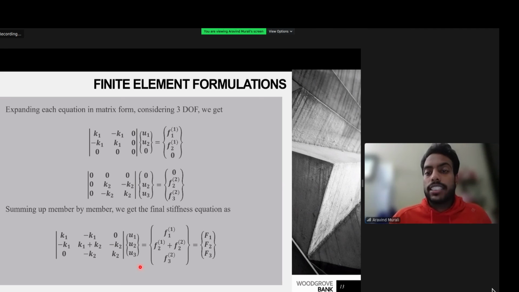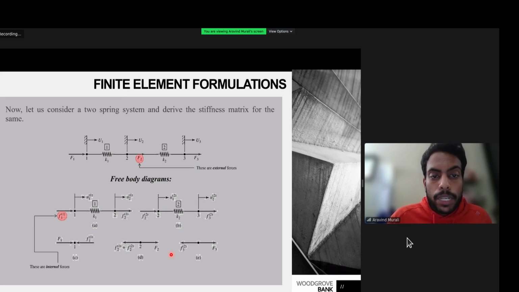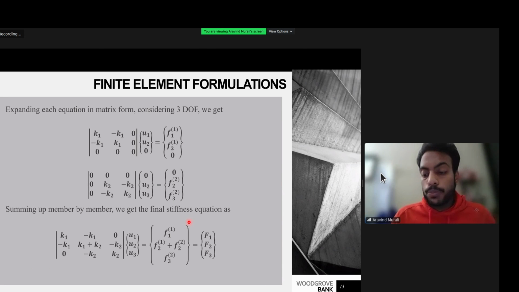Now, combining the equations considering 3 degrees of freedom, we get the final stiffness equation as given in the third equation, where the forces F21 and F22 are combined together, which is equal to the applied force F2 at spring 2, at node 2.